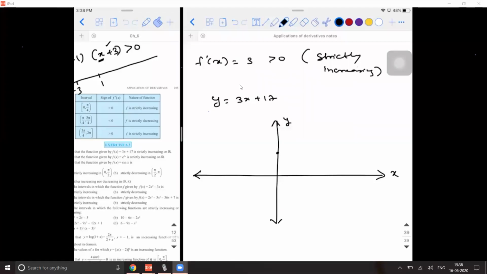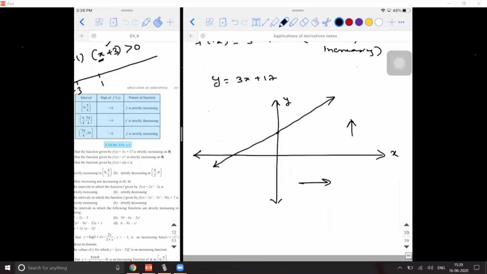So slope is 3. So it is going to be a graph like this. So it is an increasing function. As the value of x is increasing, the value of y is also increasing. So it's an increasing function.